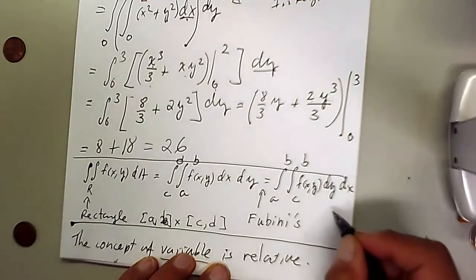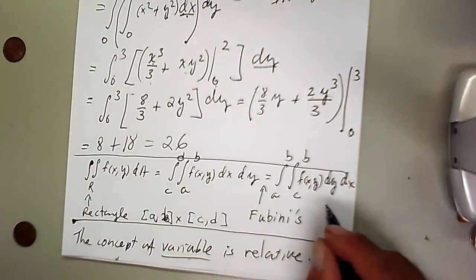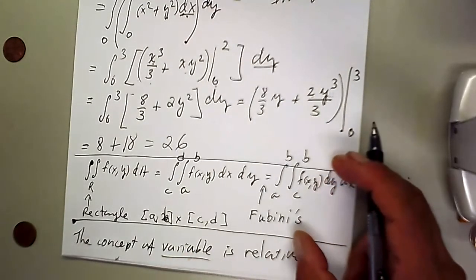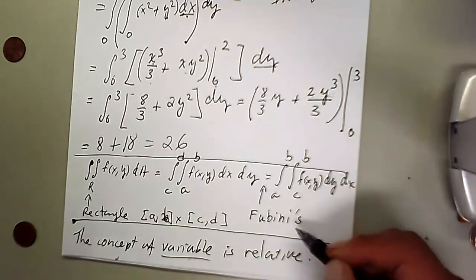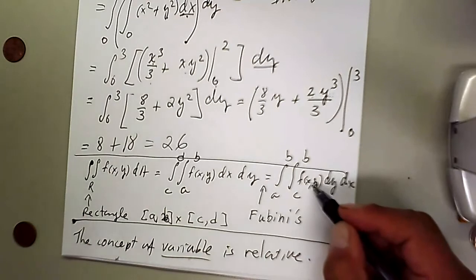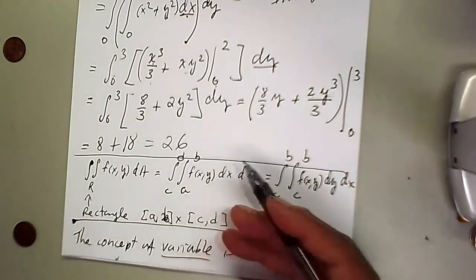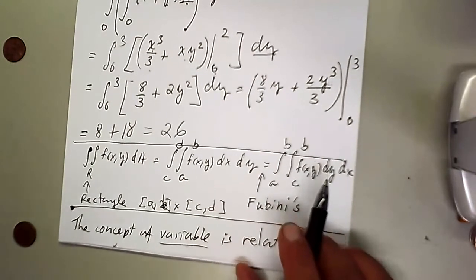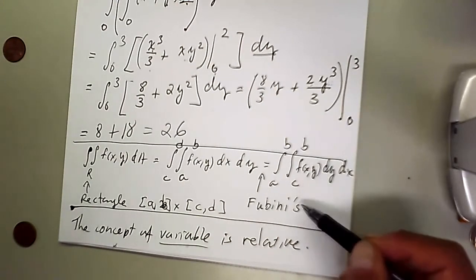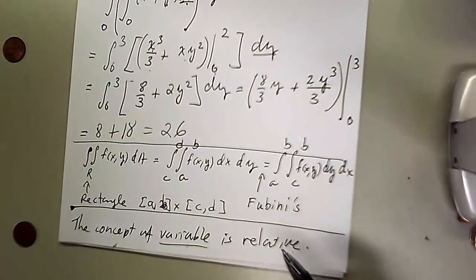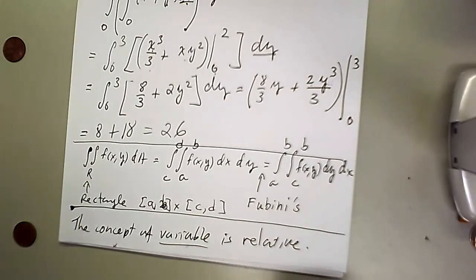I'm not being completely formal because I'm not telling you all the requirements for the theorem. Continuity will do, but this is an explanation of the formal statement of Fubini's theorem. You can go to any good book in calculus, and they'll have it there.